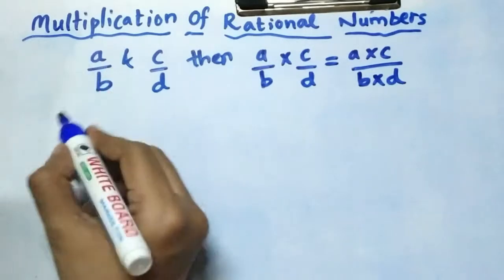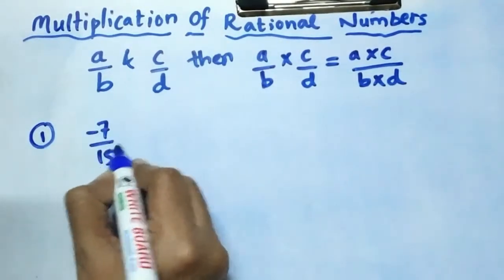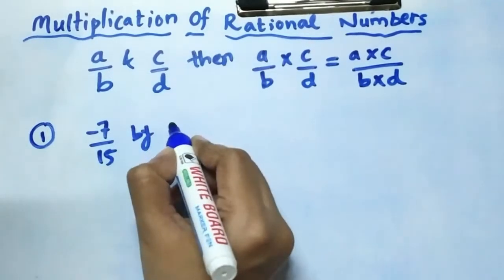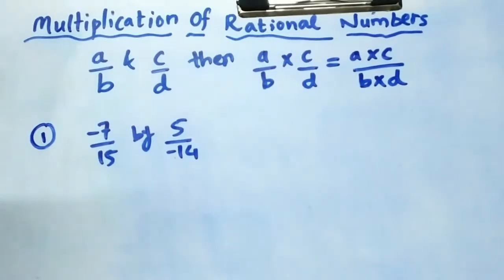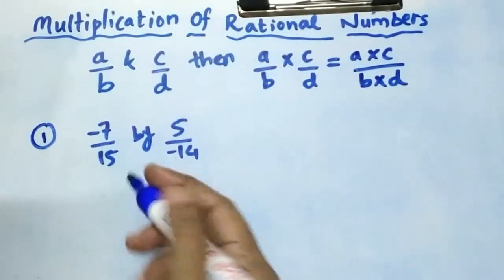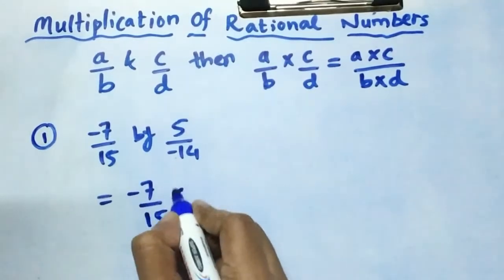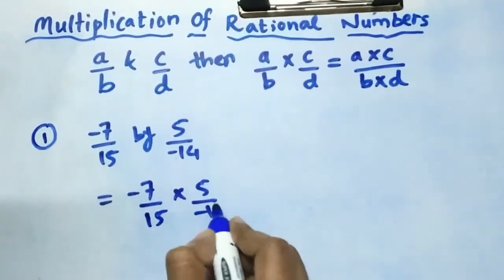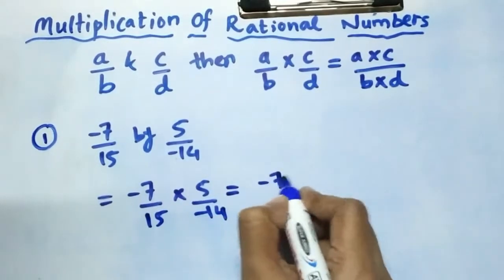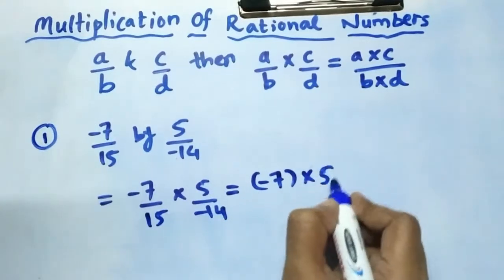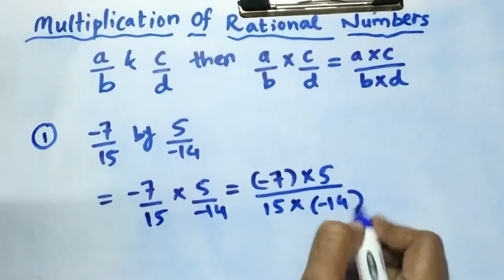For example, we need to multiply minus 7 by 15 by 5 by minus 14. If you want to multiply these two rational numbers, we'll just write them with a multiplication sign, and take the product of numerators, that is minus 7 into 5, and 15 into minus 14.